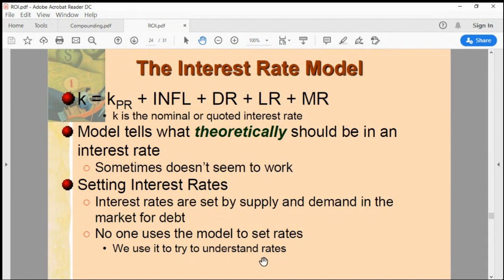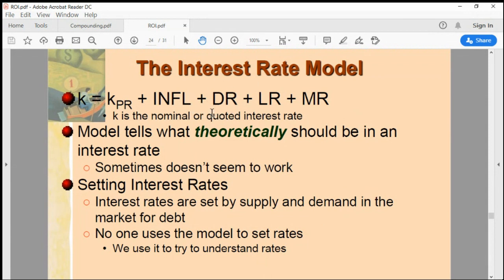Now, this is basically a theoretical breakdown. In reality, cost of capital consists of these components. But what I'm saying is that in reality, it's very difficult to split it into these different components.